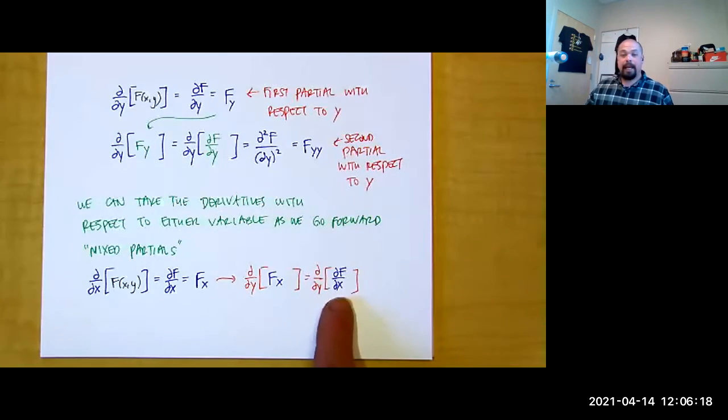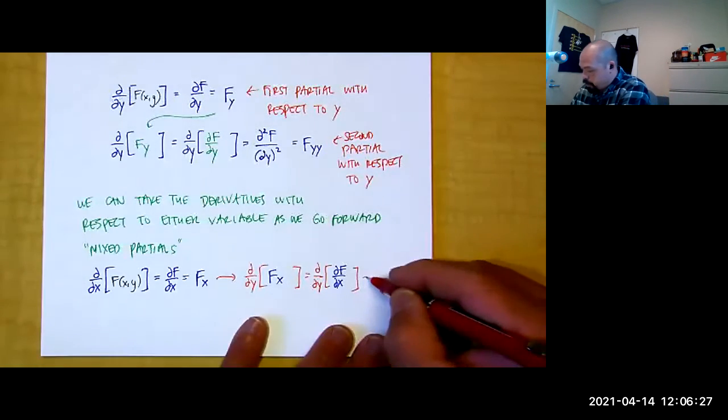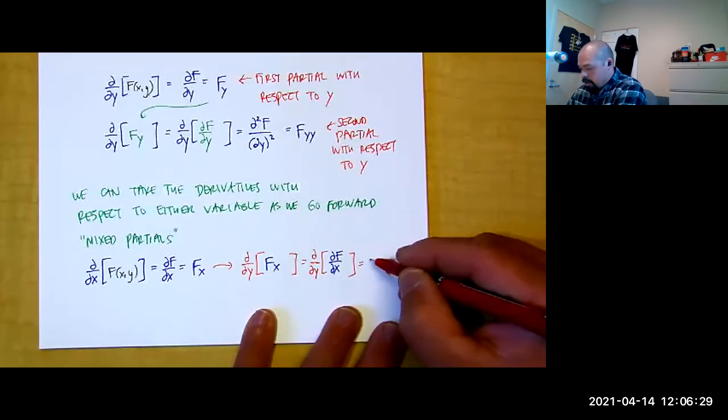Right, so taking my partial with respect to x first, and then taking the partial derivative with respect to y after that. In our notation, we're going to get here, right?